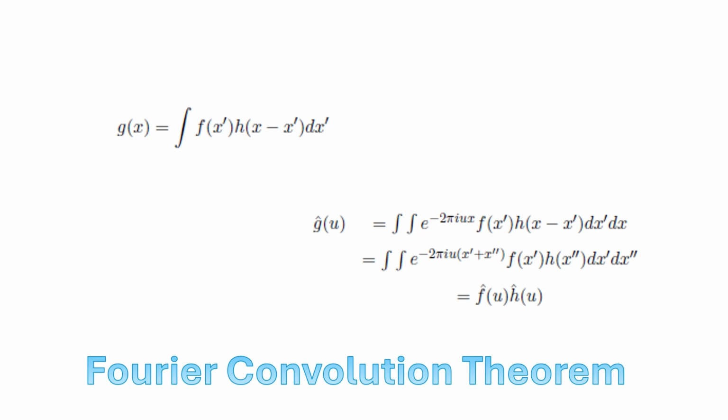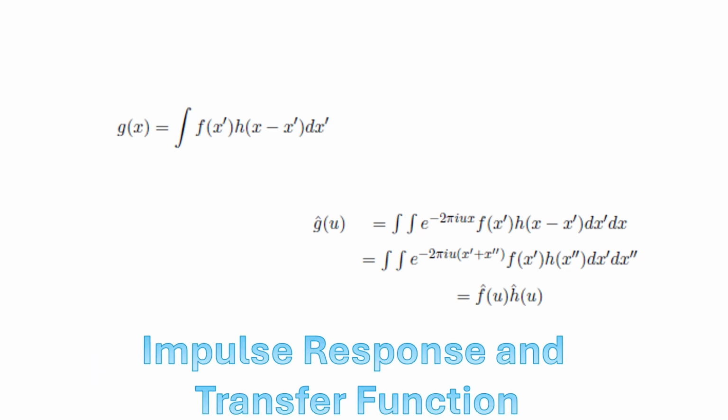So what the Fourier convolution theorem allows us to do is transform these integral forms of a transformation into algebraic multiplication between the Fourier transform of the impulse response and the Fourier transform of the input. These pairs, the impulse response and its Fourier transform, are called the impulse response and the transfer function.